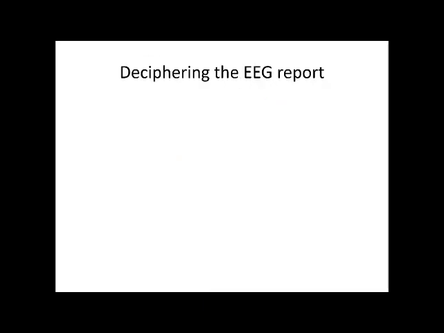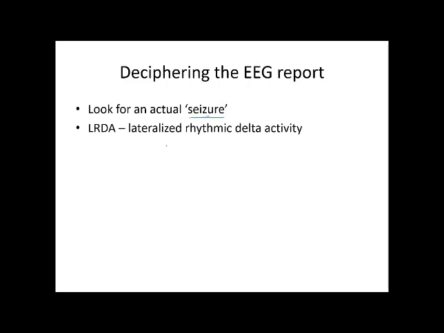So let's break down the EEG report. First of all, if you see the actual word seizure, that's probably concerning. You might also see something called LRDA, which is lateralized rhythmic delta activity. This means the brain is not quite seizing, but it's thinking about it, so it's something of concern.